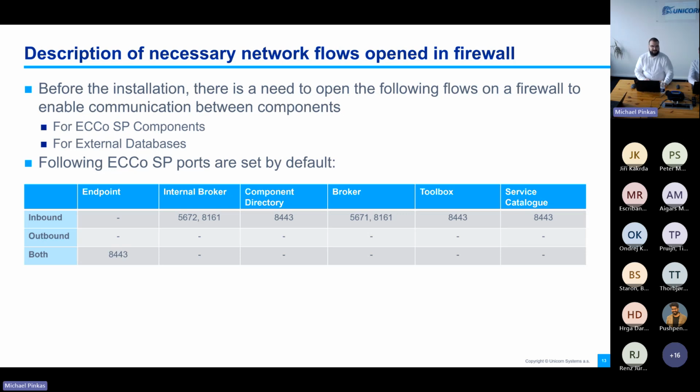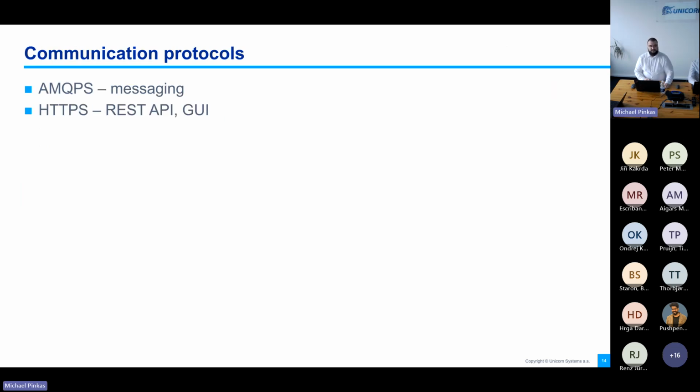Regarding the other, let's say, category of the flow that needs to be open, it is the flows for external databases, if used. But we will get to the specific ports and database variants in the next few slides. Regarding the communication protocols, for the messaging, AMQPS is used by default, it's used within the ECP network.